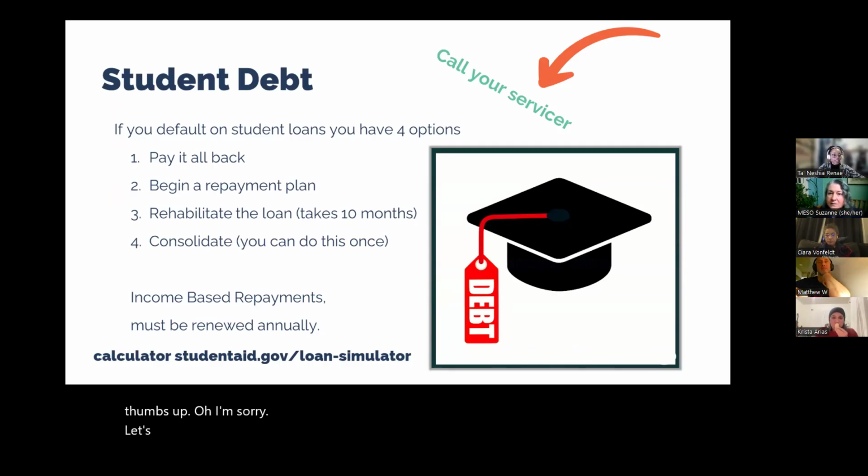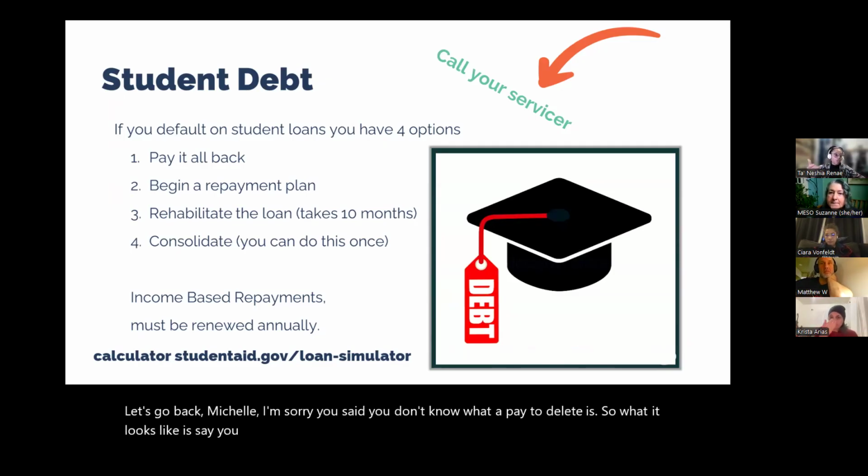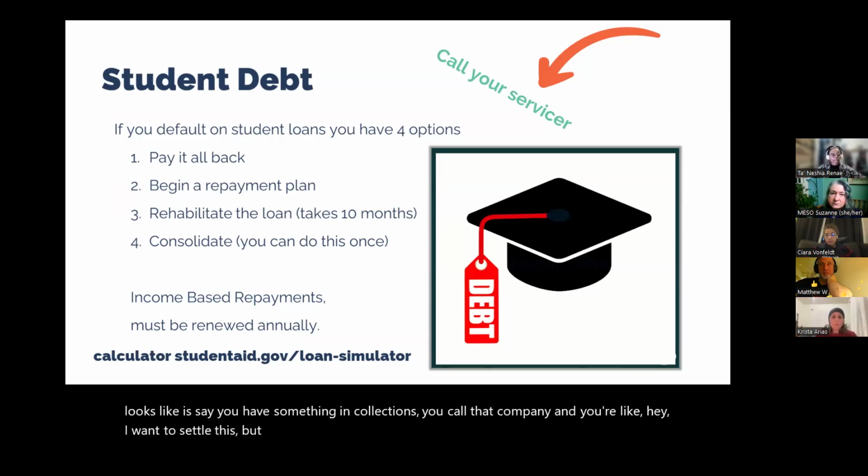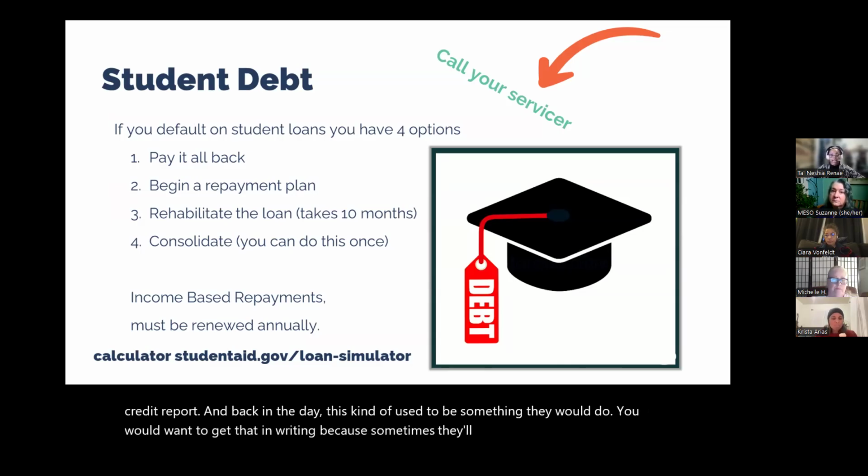I'm sorry, you said you don't know what a pay to delete is. So, say you have something in collections, you call that company and say, hey, I want to settle this, but I want to pay you and I want you to delete it from my credit report. Back in the day, this used to be something they would do. You would want to get that in writing because sometimes they'll say that and do something else.